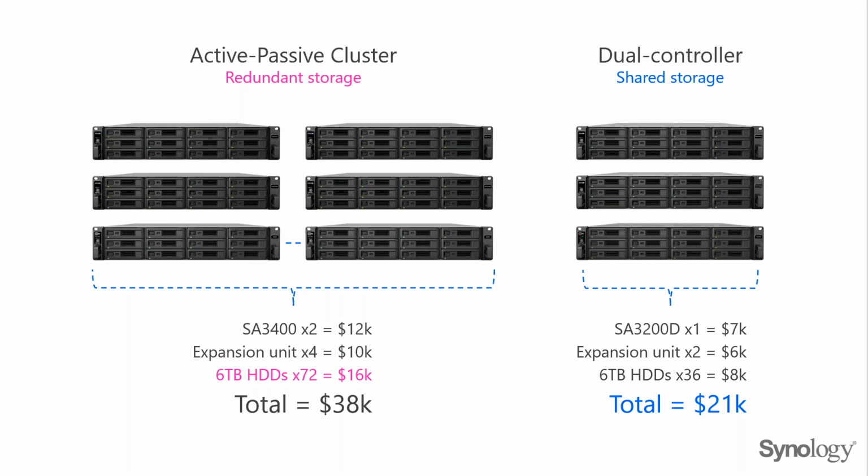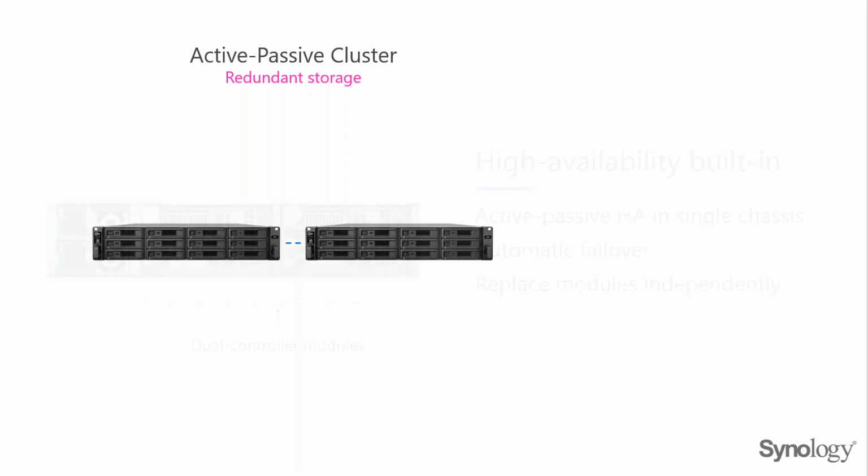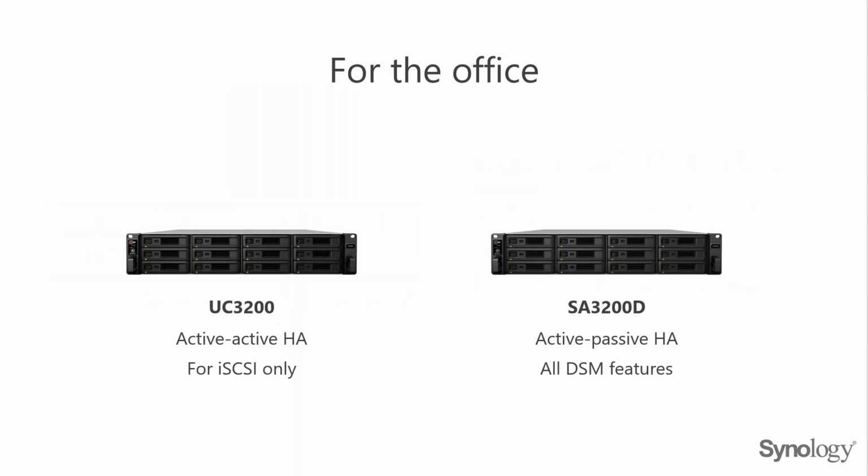So we try to make that very easy and simple. What I was showing in this section, I'll go back to the 2 models, is that on the high end, for larger businesses, we have 2 models with high availability built in. The UC3200 is for iSCSI only, for your virtual machine deployments.